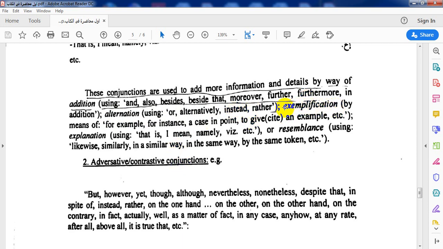Exemplification, to give examples, التمثيل أو إعطاء الأمثلة. For example, for instance, a case in point, to give an example or to cite an example.